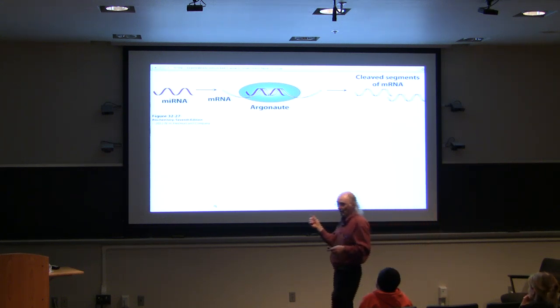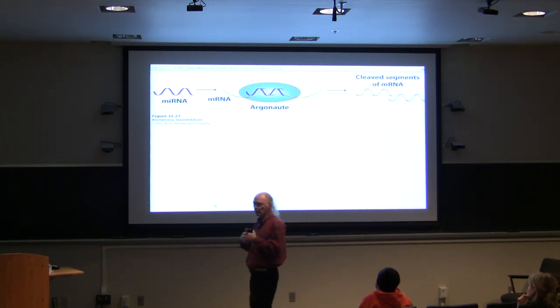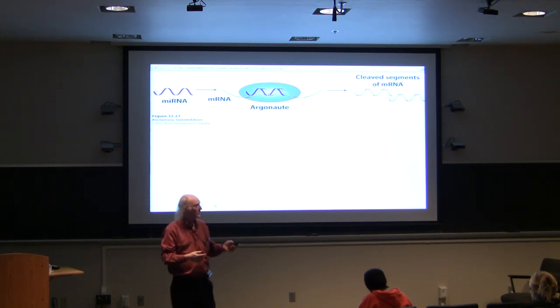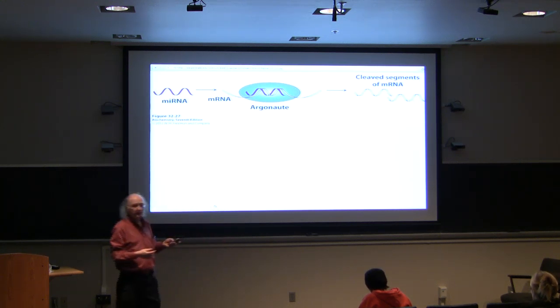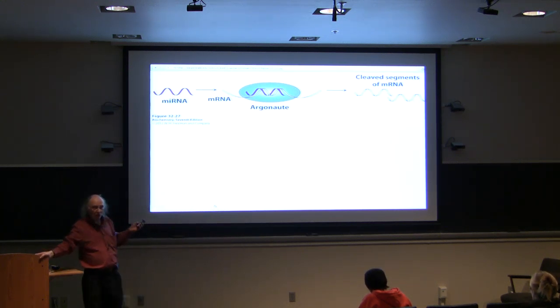And because it's complementary, they can form a base pair. The base pairing that occurs between that microRNA and the target gene RNA, in this case the insulin, comes together in a protein structure called argonaute.